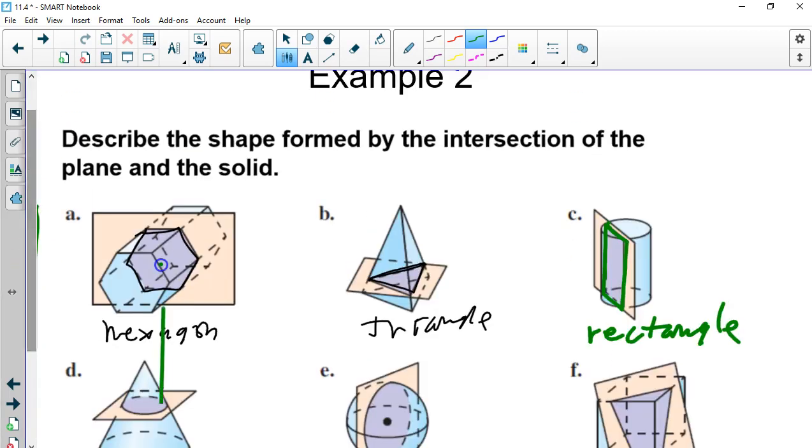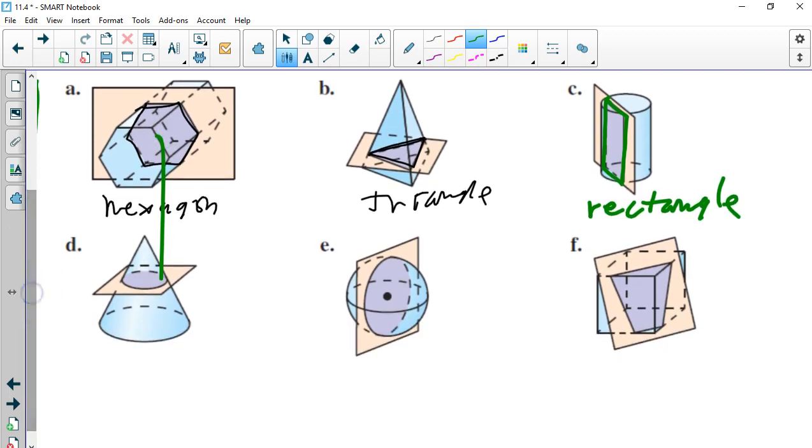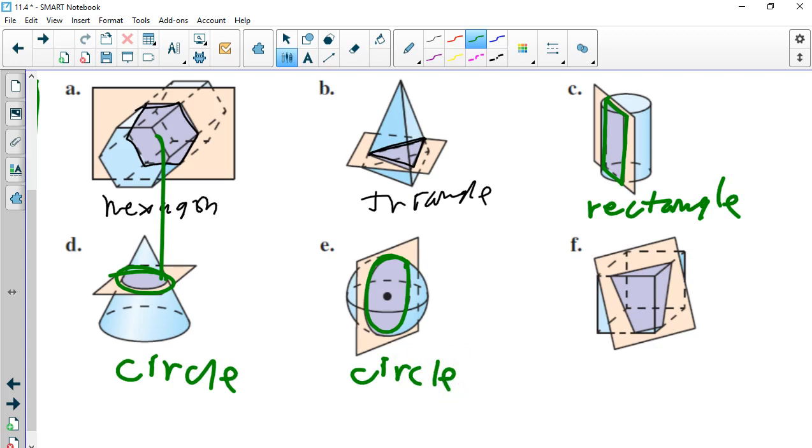When this cuts through, what is it cutting? It's cross-cutting a circle. What is this cutting as it comes through? Again, a circle. And when this comes through, just trace through on that picture. What is that cutting? A trapezoid.